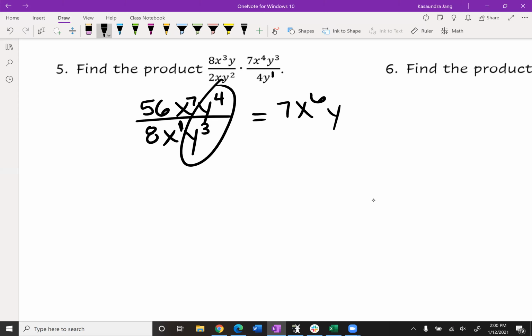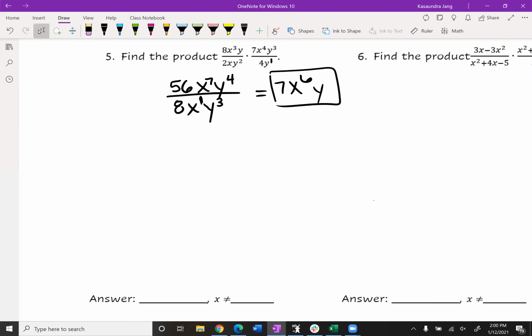That makes sense because your 4 minus 3 is 1, right? And you don't even really need to write the 1. You just left it as a y. Good, good. So here's my question, Kate. What's in the denominator? I put all that stuff in the numerator. Is there anything I need to divide by down here? No? No, I don't need to divide. I mean, I could say divided by 1, I guess, but that's as far as simplifying goes. I don't need to write divided by 1. So there is my simplified answer right there.